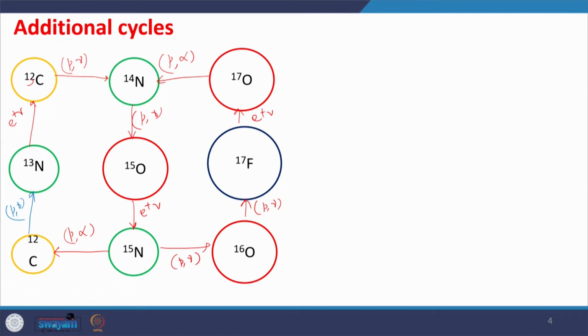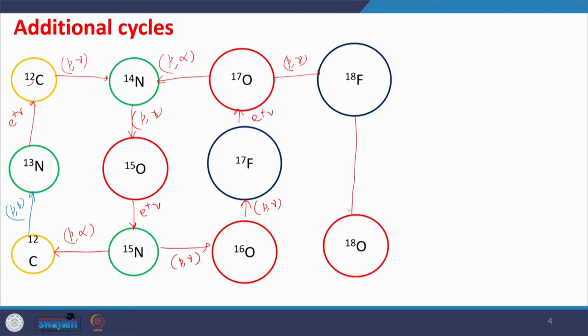Now, there is also the possibility that oxygen 17 can undergo a reaction via P gamma to produce fluorine 18, which further produces, via positron decay, an oxygen 18 nucleus. This oxygen 18 nucleus can undergo a reaction with a proton, emitting an alpha particle and giving rise to nitrogen 15.